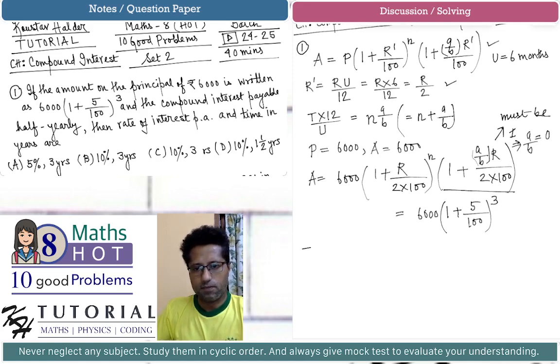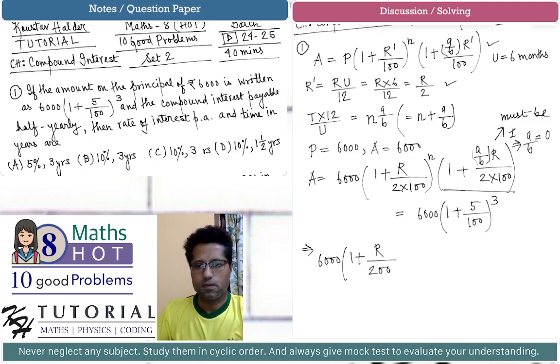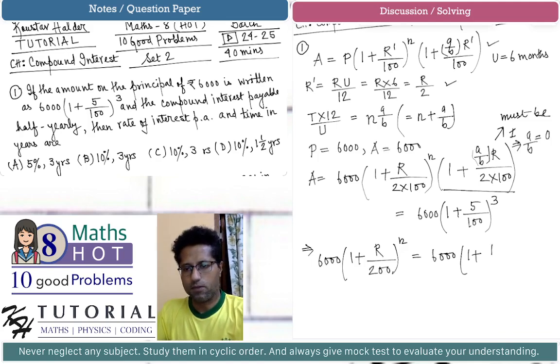So from our general equation we have the amount to be 6000 multiplied by 1 plus r by 200 to the power n. This is the formula for amount as per our general formula, and this is given to be equal to the given expression, that is 6000 multiplied by 1 plus 5 by 100 to the power 3.